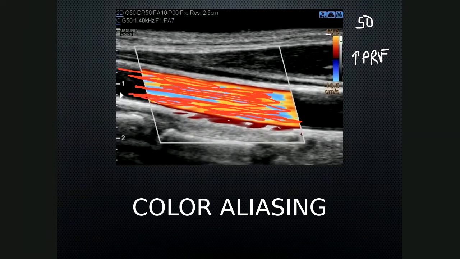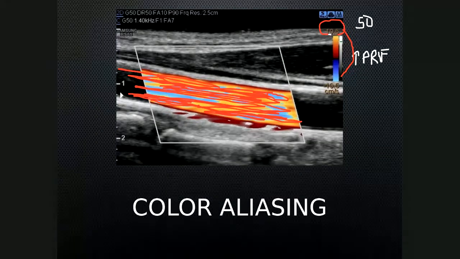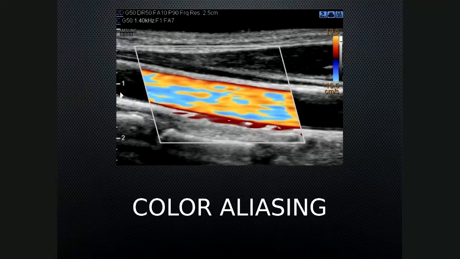So if anything's traveling faster than the scale set on the color map, it's going to wrap around to the opposite color. And that's why you get these little areas of color aliasing. But what we don't want is the entire vessel aliasing, because then we can't tell directional flow at all. We can't tell whether that's red or blue or what direction it's going.